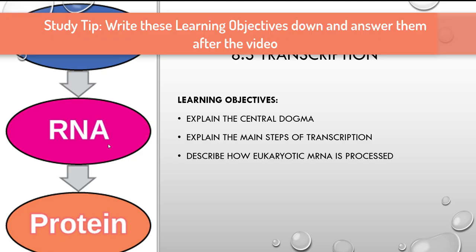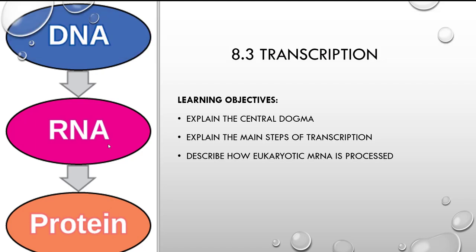Okay, so we already learned in the last video how one of the functions of DNA is replication. The second function of DNA is to provide the information needed to make proteins, and the first step of that is transcription.